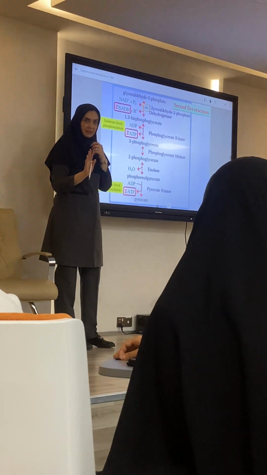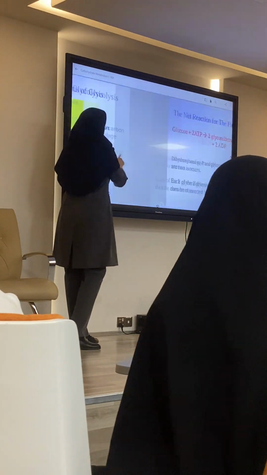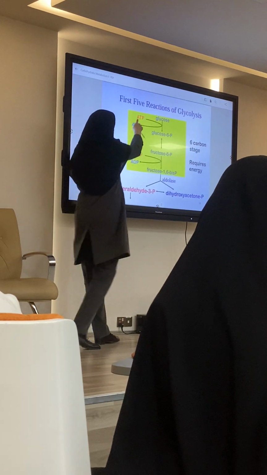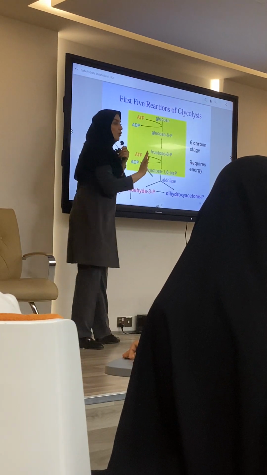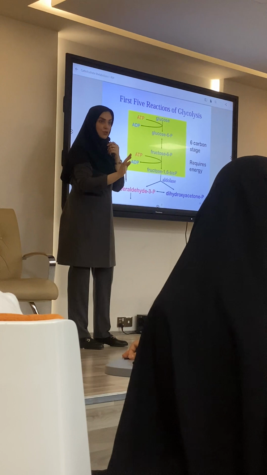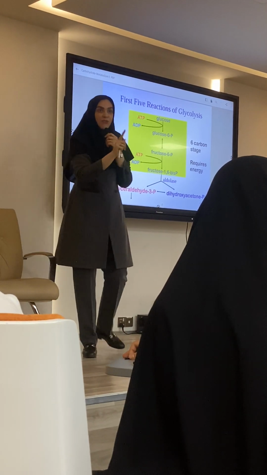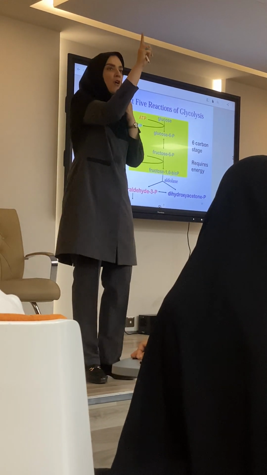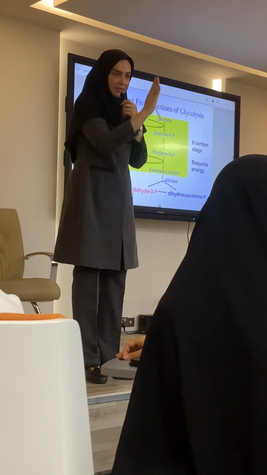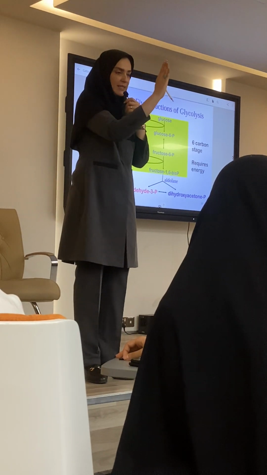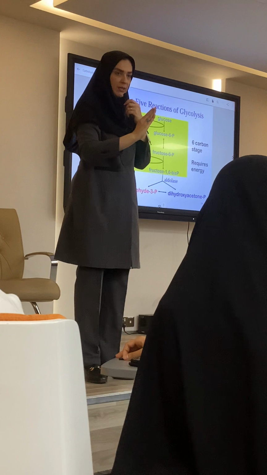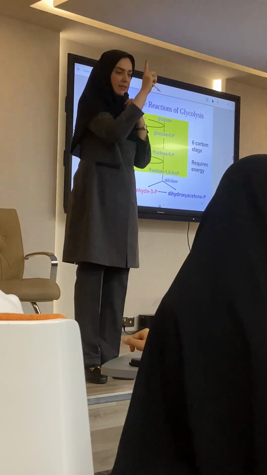Clear? What about this one? Should I multiply by 2? No. For the first 5 reactions, only 1 series, because 6 carbon, 6 carbon, 6 carbon, up to here. Only 1 ATP, 1 ATP.